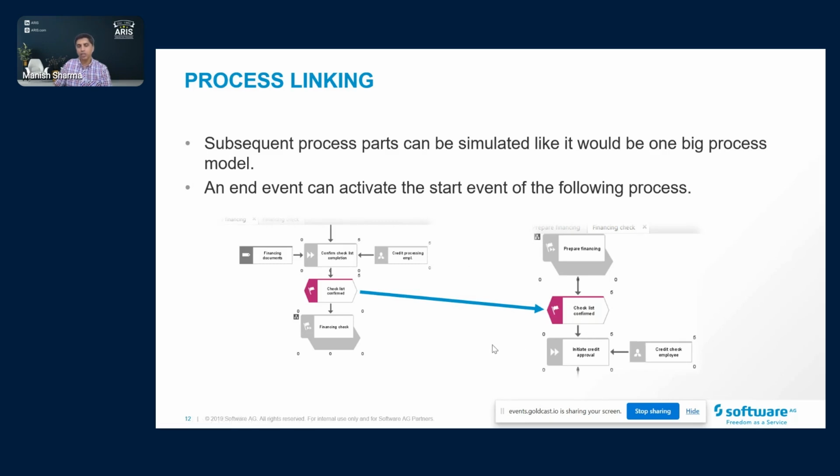So when you run simulation, you have an option to run it in different modes. You can run it just on one process. You can have a chain of processes included in it. So if process interfaces are used to build a longer chain of processes, one leading to the other, you can include all of them as part of the scope. Else, you also have an option to go down levels by using the assignment capability, and you can say, okay, take 3 levels down.